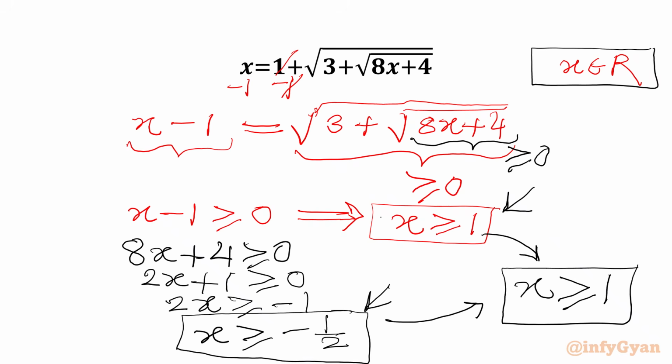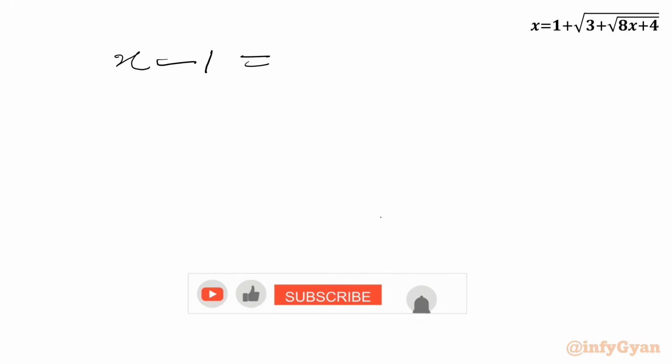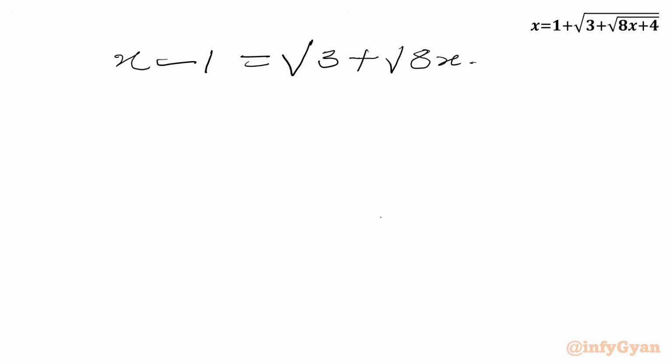Now we will be squaring this equation. So I will write x minus 1 equal to square root of 3 plus square root of 8x plus 4. We will square both sides to remove the square root from the RHS.